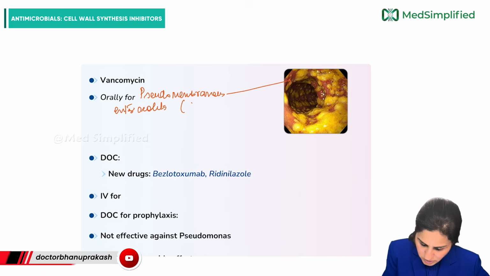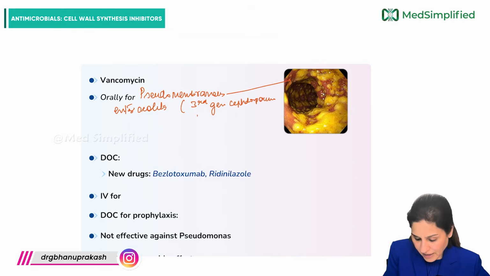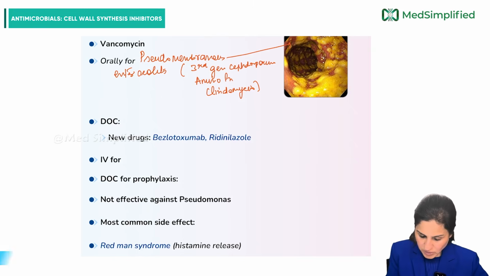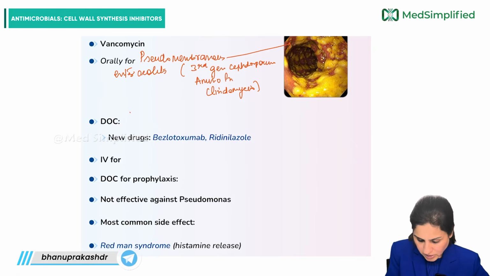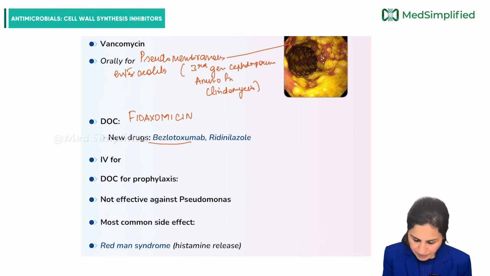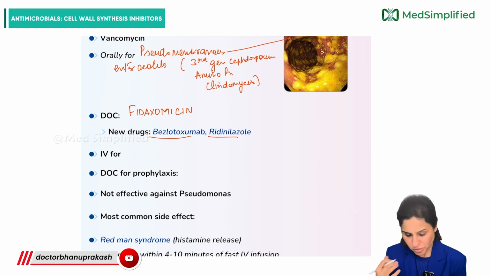Third generation cephalosporins, aminopenicillins and clindamycin. The drug of choice for this condition is fidaxomicin. We can use vancomycin, but the drug of choice is fidaxomicin. We have some newer drugs also, like bezlotoxumab and ridinalazole. So these are the newer drugs that you should know.